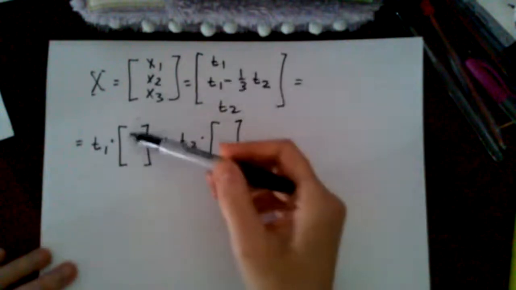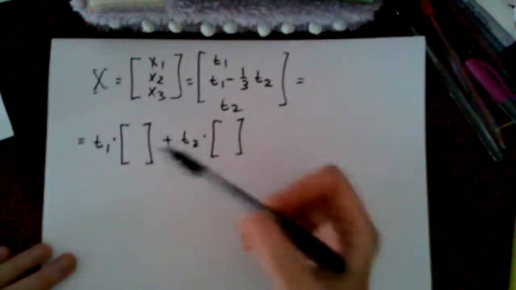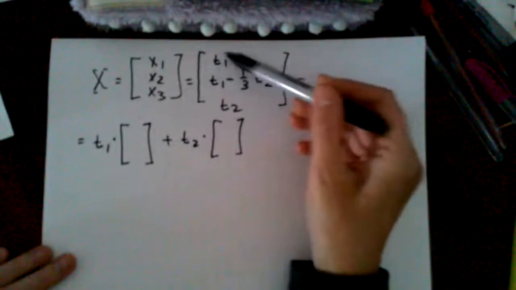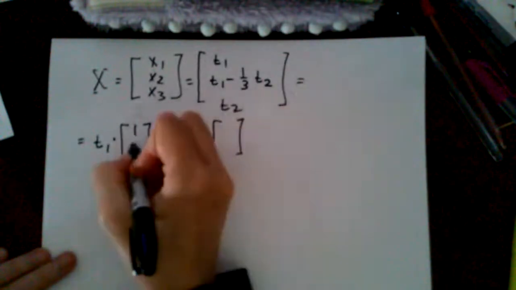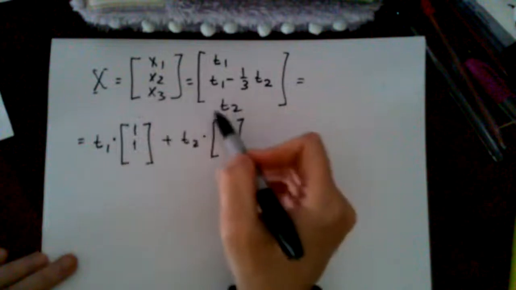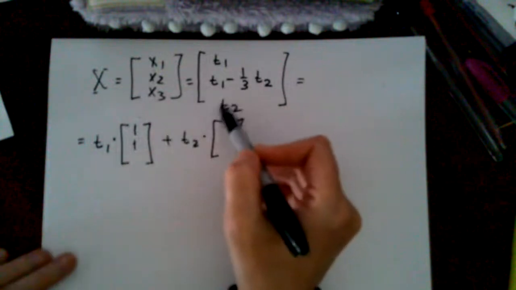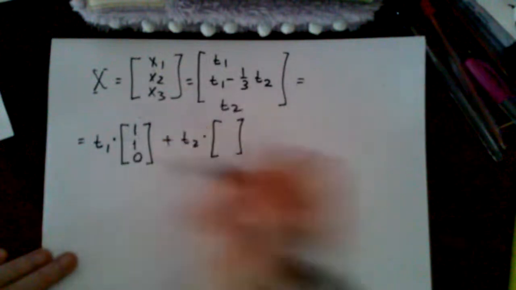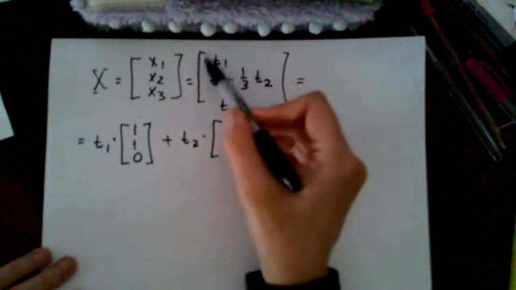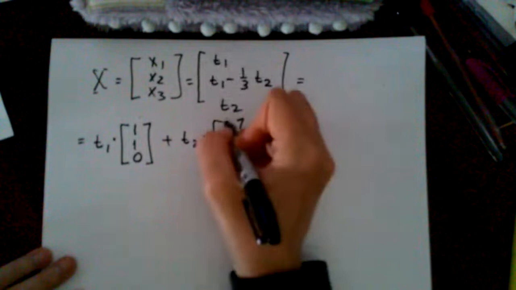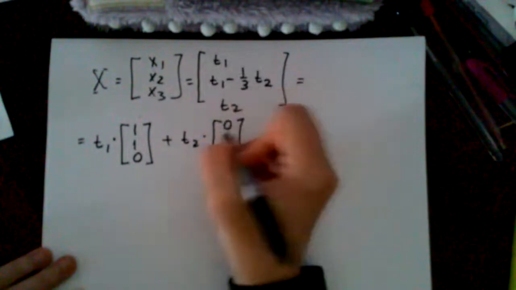So let's see what coefficients should be put after t1. In the first row, we have t1, so the coefficient is 1. In the second row, the coefficient is 1 again, and we can't see any t1 in the third row, so the coefficient is 0. As simple as this. As for t2, we don't have any t2 in the first row, so the coefficient is 0.